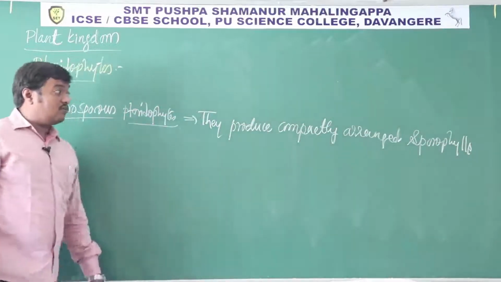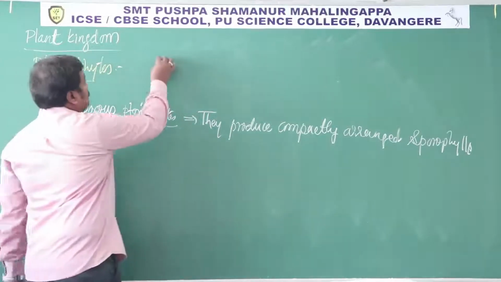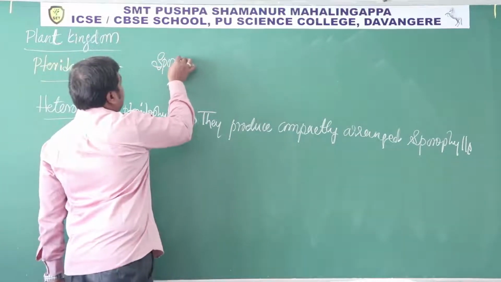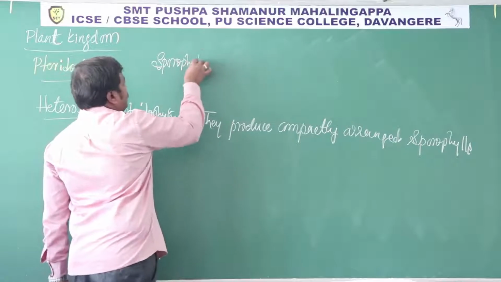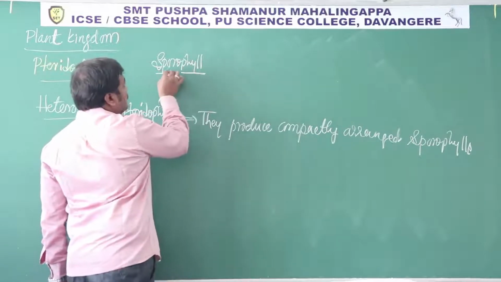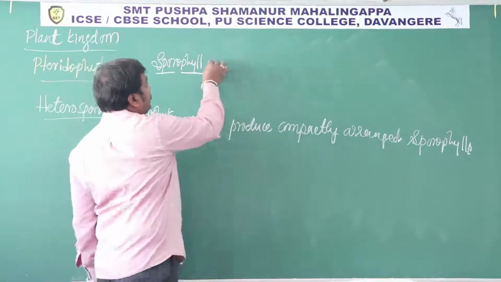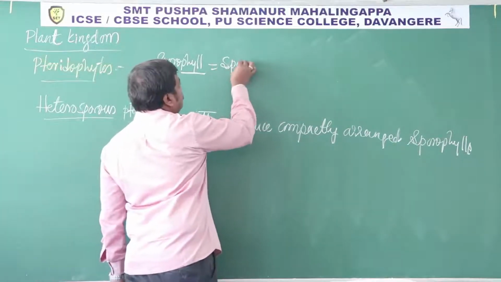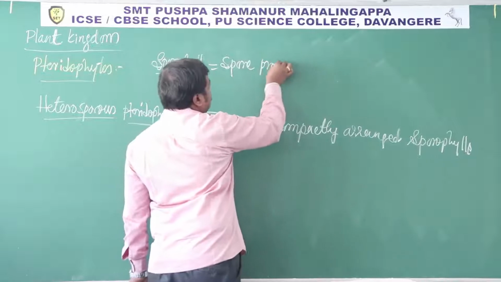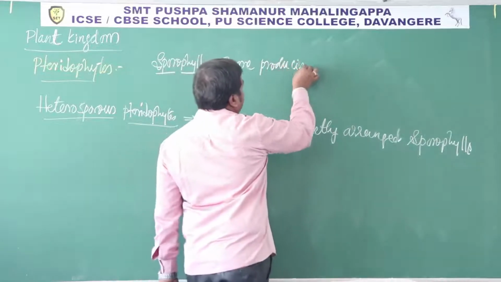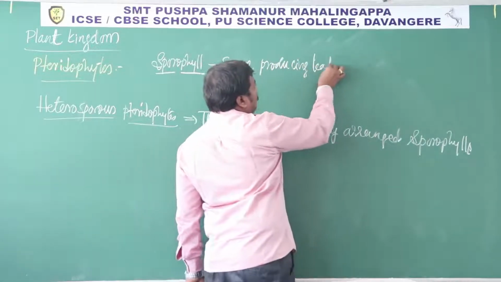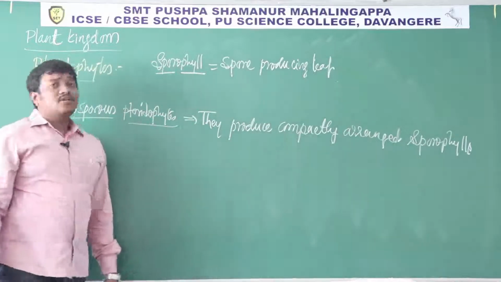If you recall, what is a sporophyll? Here it has two terms: phylla means leaves, and sporo means spore. A spore producing leaf is called a sporophyll.